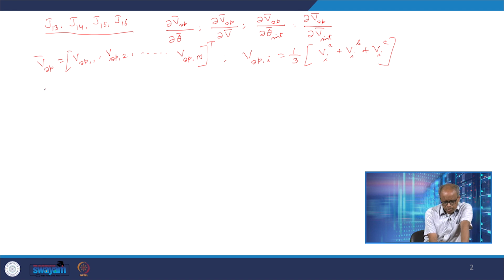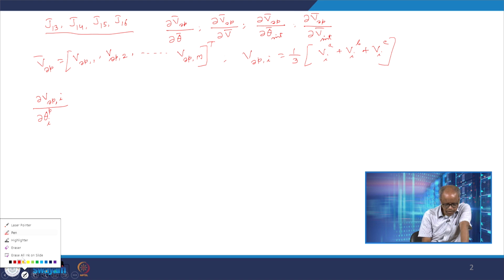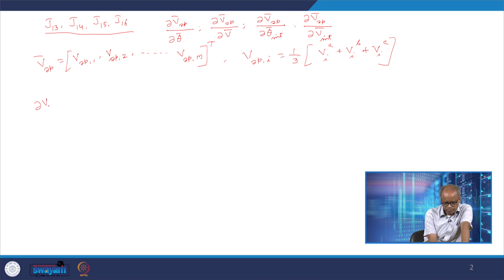So, for this, my general quantity is del V specified I by del theta. Let us first look at this matrix, del V specified by del theta.